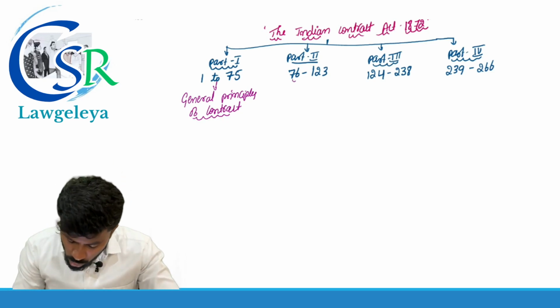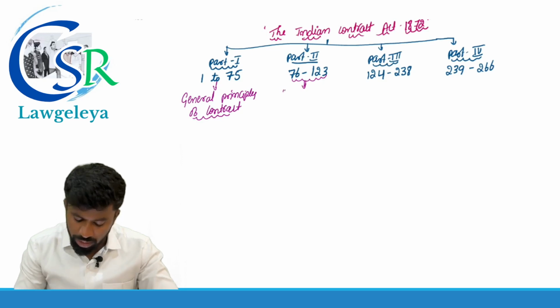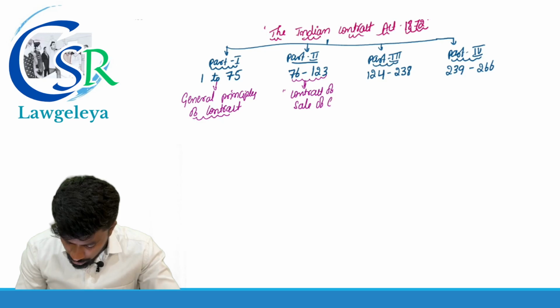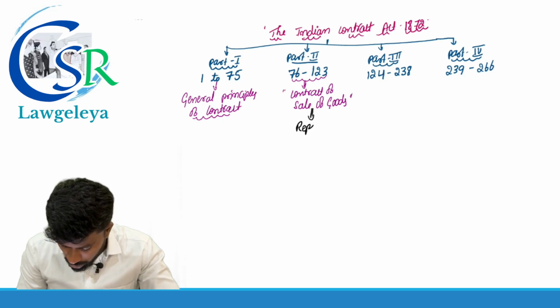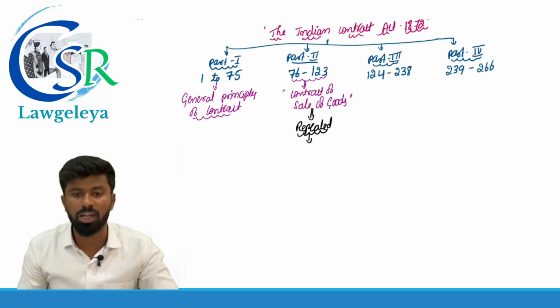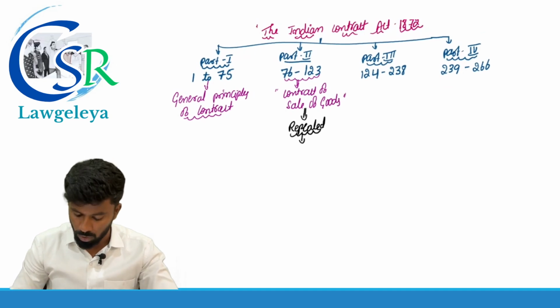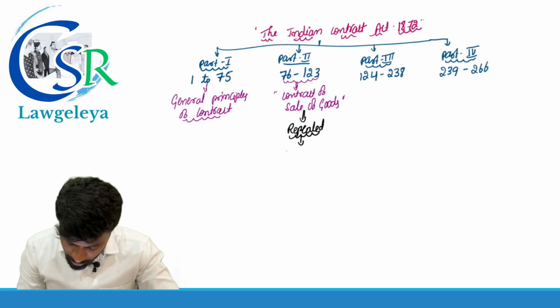Then section number 76 to 123 used to deal with contract of sale of goods. But these provisions dealing with the contract of sale of goods were repealed. What do you mean by repealed, sir? It means it is removed from the Indian Contract Act 1872.